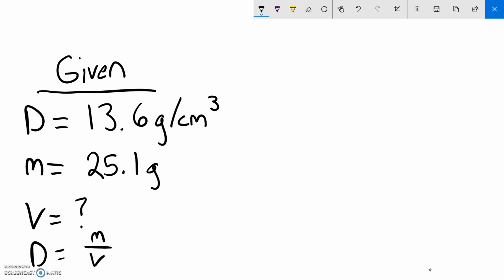And so if my goal is I want to get V by itself, then I'm going to need to multiply both sides by V, right? Now when I do that, my V's are going to cancel on the right, so then I'm going to have D times V equals M.